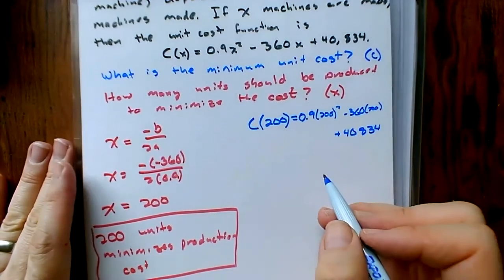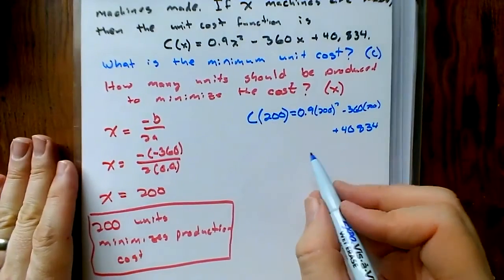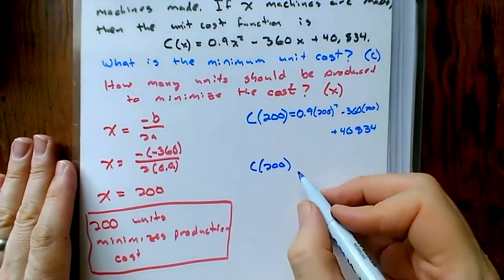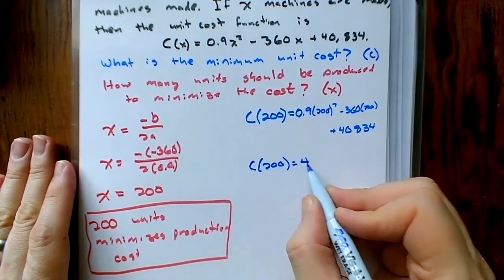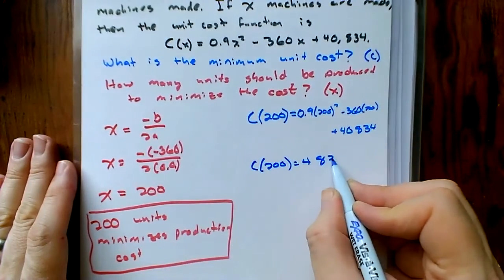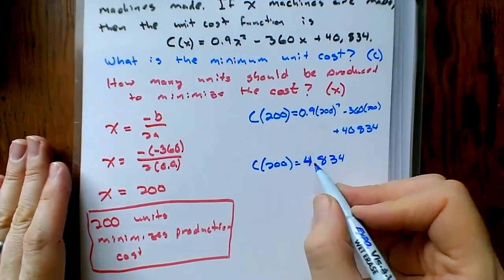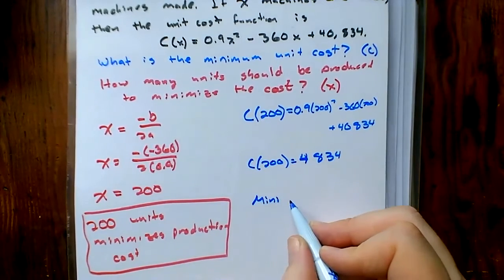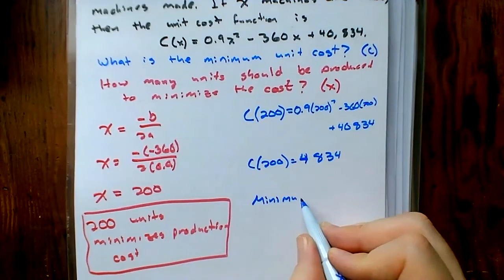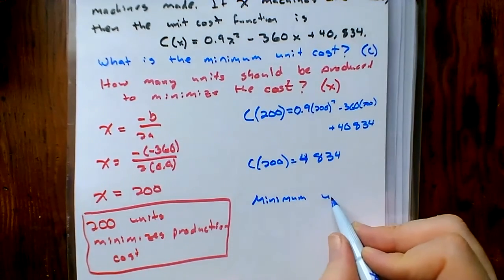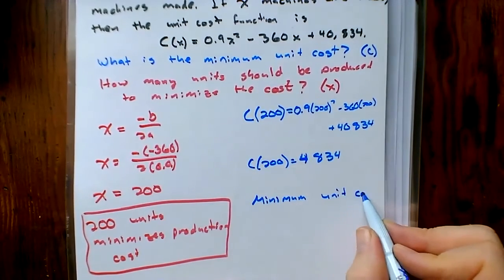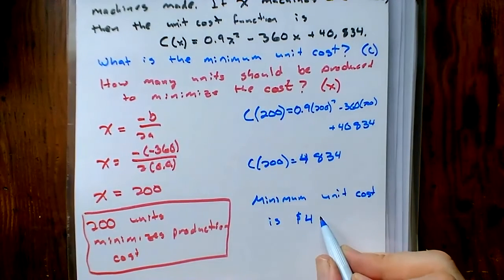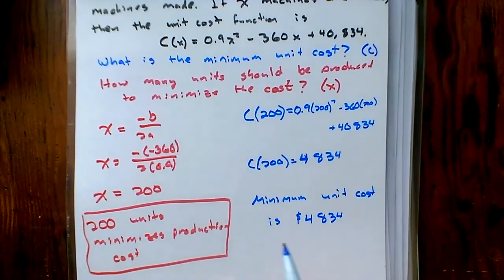But I could plug this into a calculator and we would discover that this would be 4,834. So my minimum unit cost is $4,834.